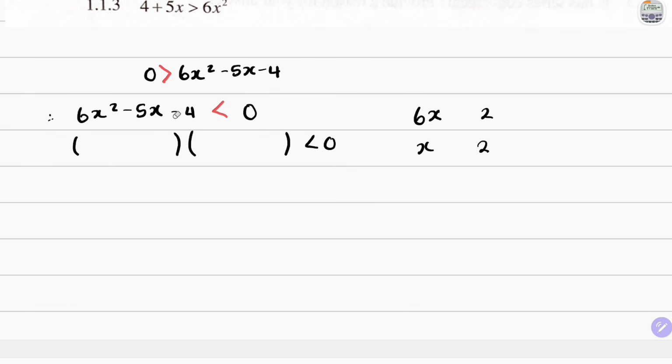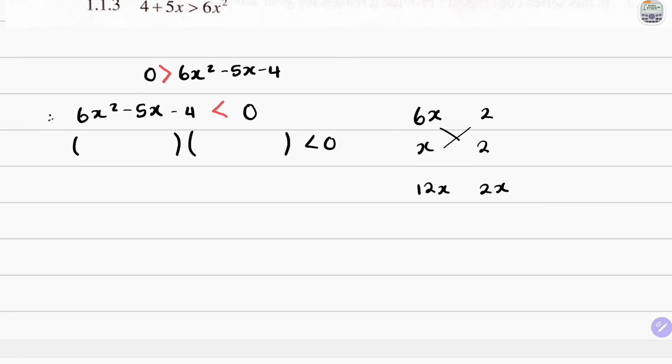Now notice this is negative, meaning one of these factors needs to be negative. Now currently looking at the factors, it's going to say some number minus another number since one of these factors will be negative. So we'll have a positive and a negative. If we multiply like this, you see that we get 12x and we get 2x. There's no way that 12x and 2x can give us negative 5x.